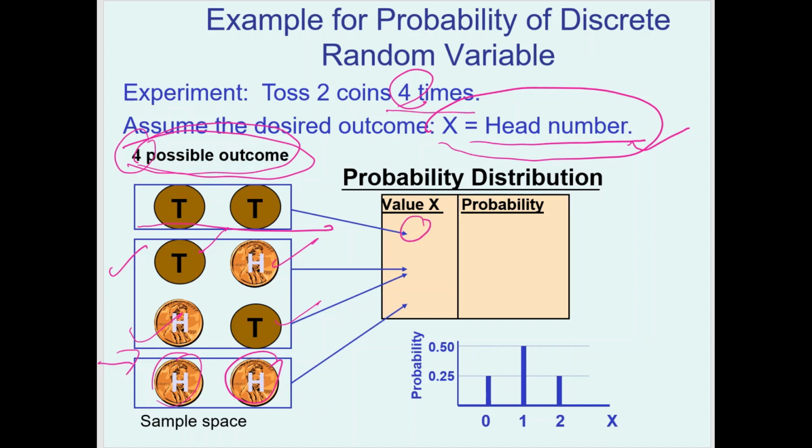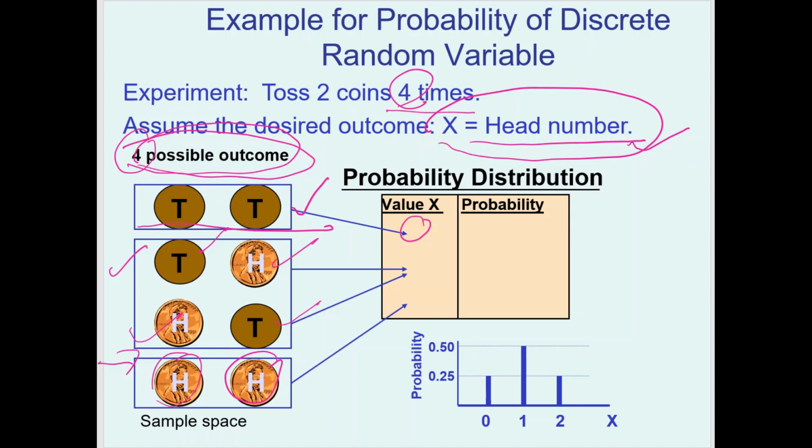Why do I say this? Because of all the listed possible outcomes, there can be a possible outcome which has no head at all. Looking at the first example, both of them are tails, so no head is found here. So the possible value of x is 0.